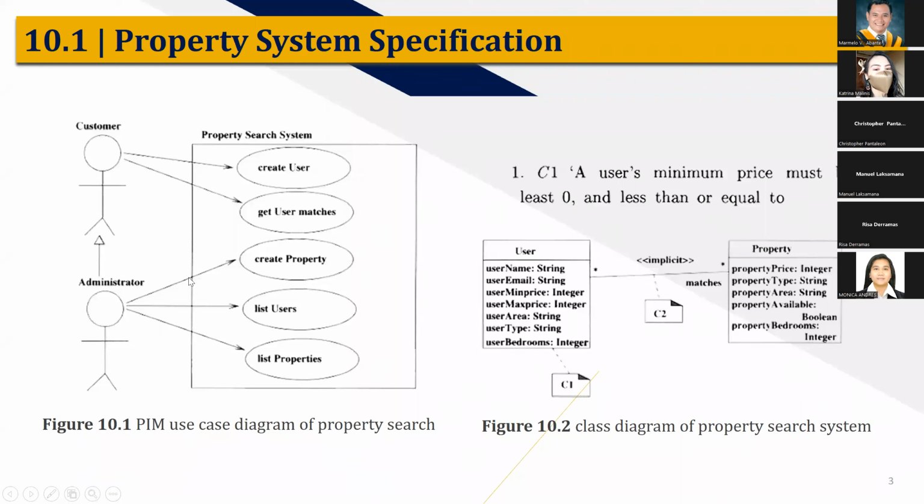This illustrates a PIM use case diagram of property search as an example, and also the class diagram of the property. The constraint C1 is a minimum price, and the validation must be at least 0 and less than or equal. So you see, we have customers, administrator, and property search.